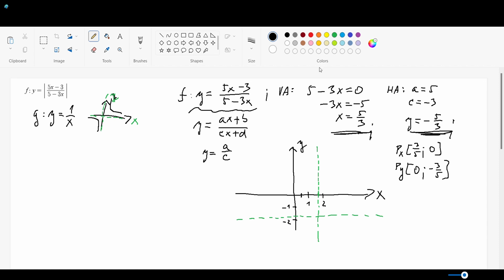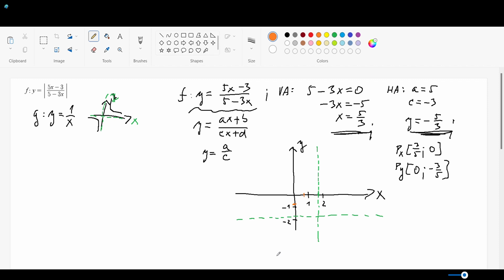We have our x-intercept. It's not exactly 3/5, it's a little bit somewhere here, and the intercept with the y-axis is where x is 0, and we have negative 3/5, which is somewhere here.